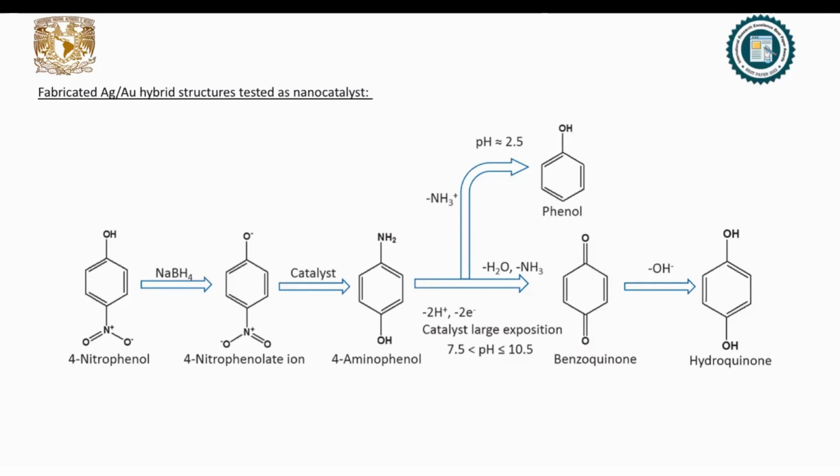In this work, we proposed that at different pHs, the produced aminophenol changes from 4-aminophenol to benzoquinone and benzoquinone to hydroquinone in basic medium, that is, pH 7.5 to 10.5. In acidic medium, the same 4-aminophenol solution converts to phenol. We can see that here in terms of the reaction.